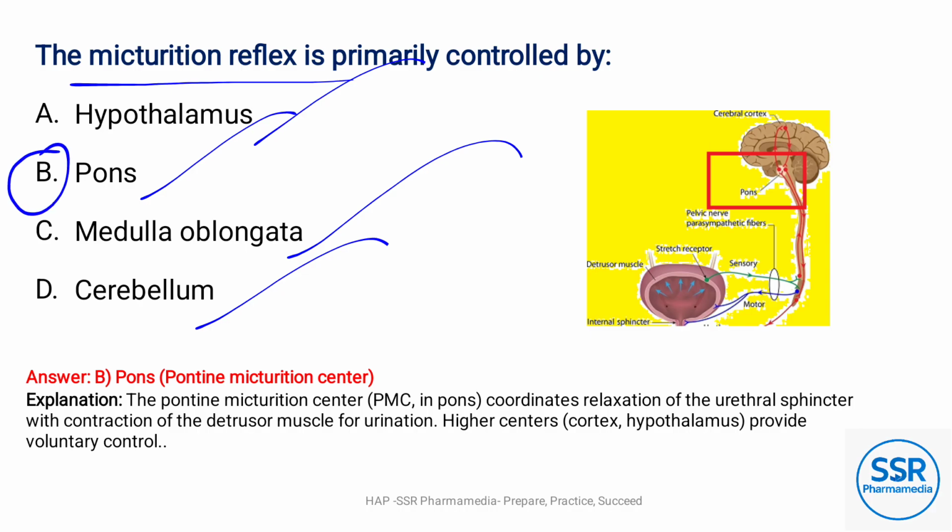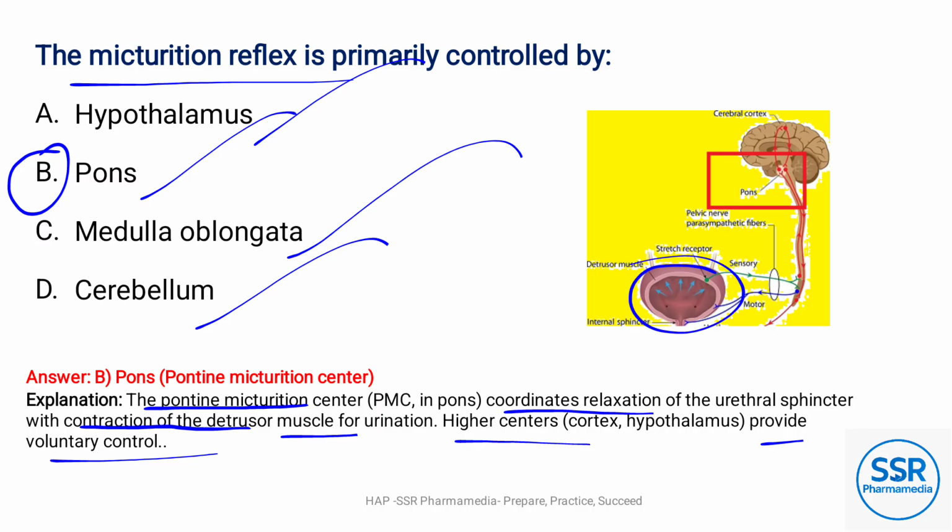The pontine micturition center coordinates relaxation of the urethral sphincter with contraction of the detrusor muscles for urination. The higher centers provide voluntary control.